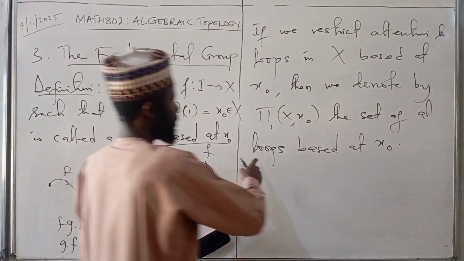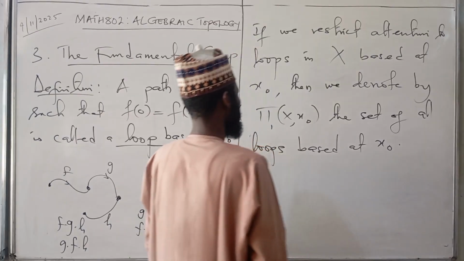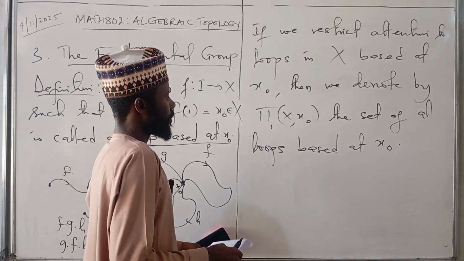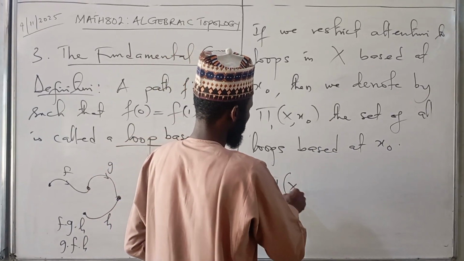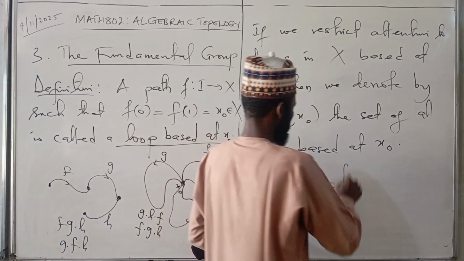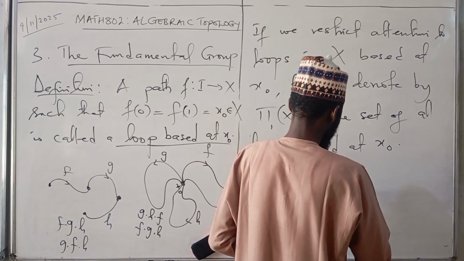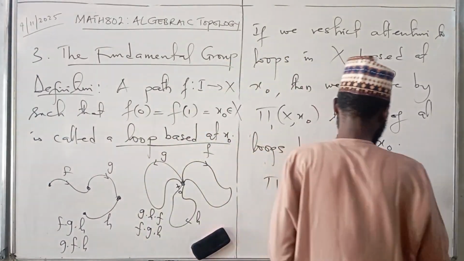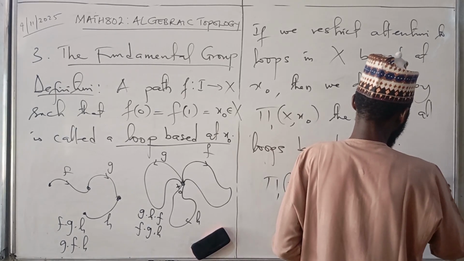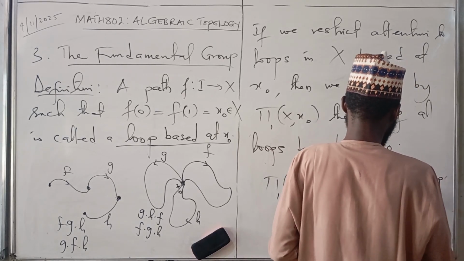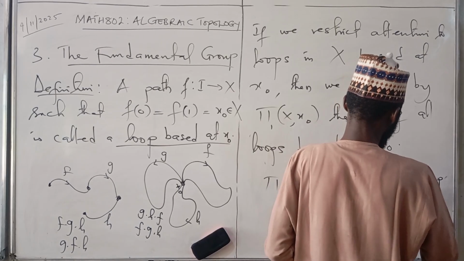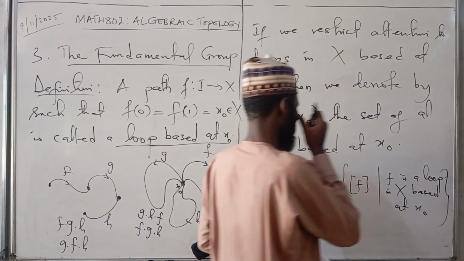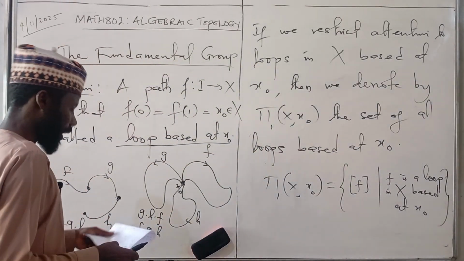So that set is denoted by this. Okay? Which means it will be the set of all homotopy classes of all those loops such that f is a loop in x based at x naught. Okay, so you take the equivalence classes.